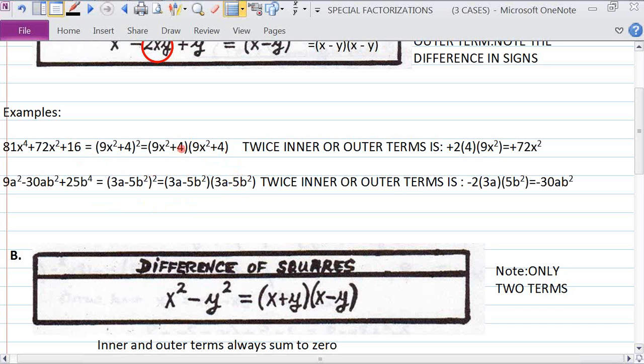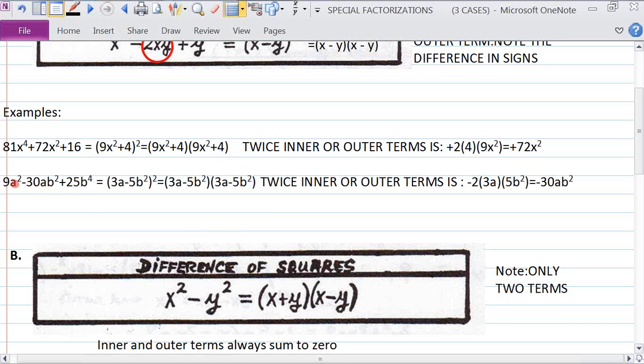I multiply plus 4 times 9x squared and add it to plus 4 times 9x squared, I get 36x squared, and 36x squared gives me 72x squared. So twice the inner or outer terms is plus 2 times 4 times 9, which is plus 72x squared. Because the inner and outer terms are the same, I can just multiply either one by 2.